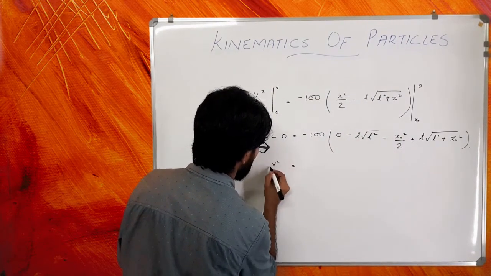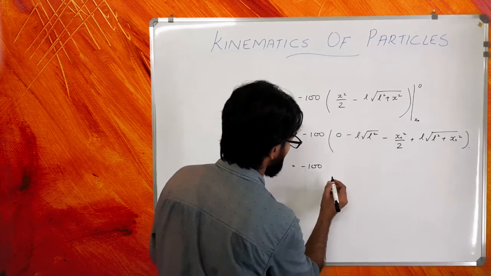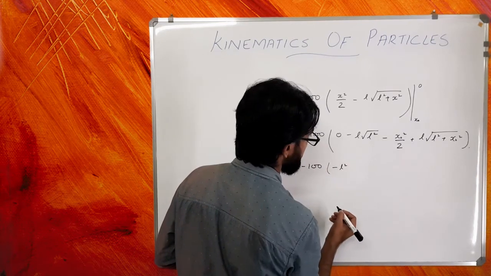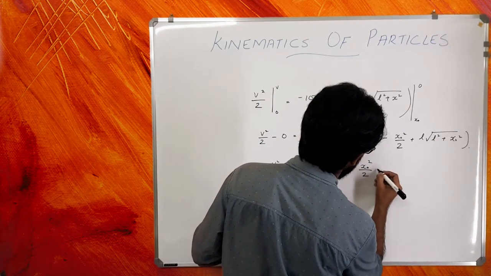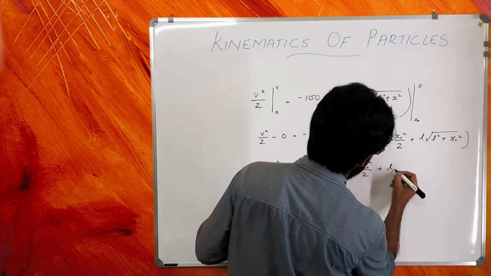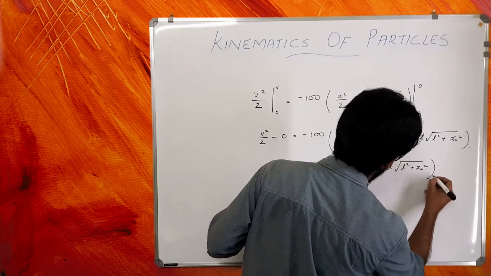So v square by 2 equals minus 100 into minus L square minus x0 square by 2 plus L into root of L square plus x0 square.